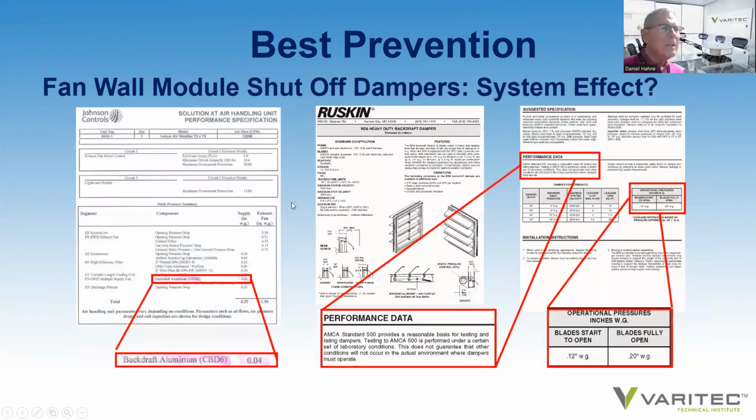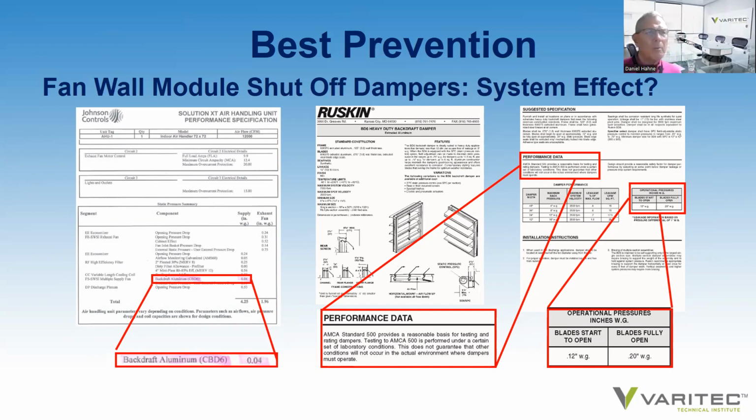There's a common condition of system effect that we see now that air handlers are using fan wall technologies or fan arrays. An excellent decision in an air handler design to maintain uniformity of flow throughout the air handler and proper loading of cooling and heating coils.